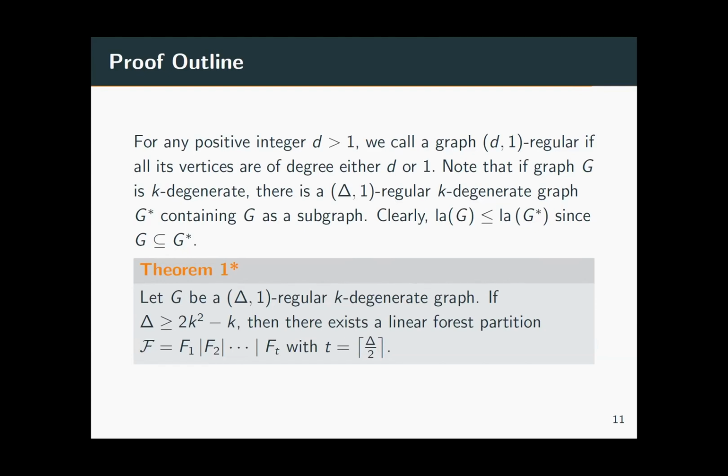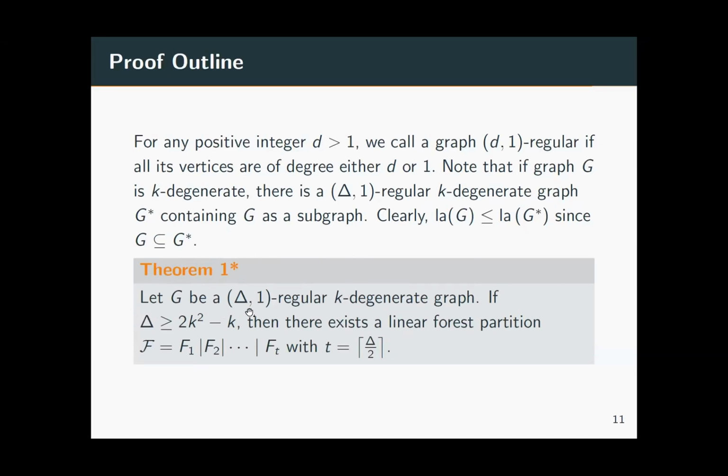Because G is embedded in the new graph, which we call G star, clearly the linear arboricity of the original graph is at most the linear arboricity of the new graph, because G is a subgraph of G star. So we can restate our main theorem here.